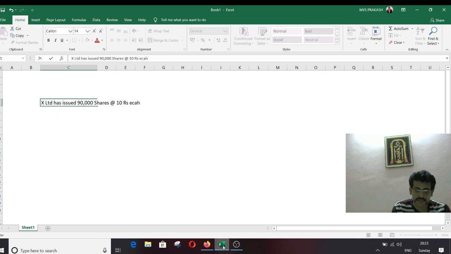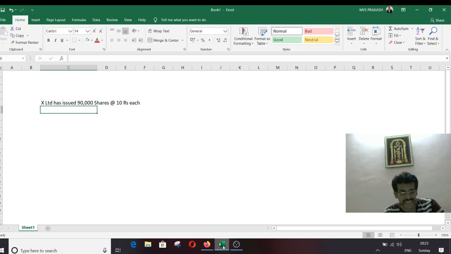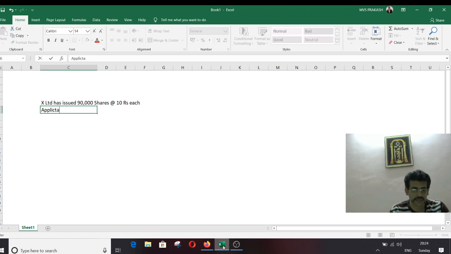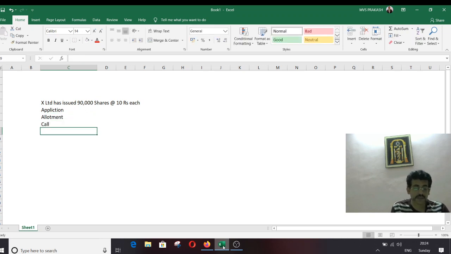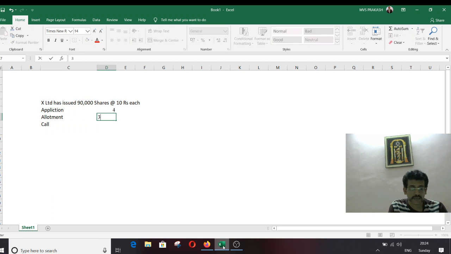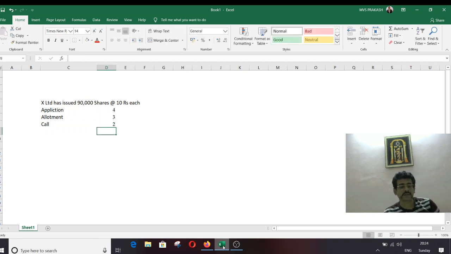As we know, there are three different stages: application, allotment, call. Let us consider the application money to be 4, the allotment money to be 3, and the call money to be 2. Those are the three different situations.